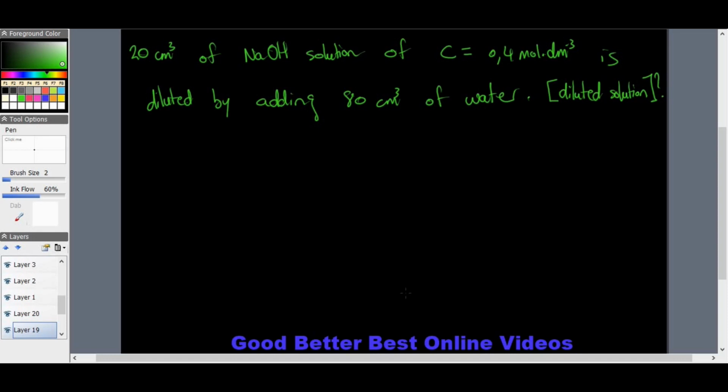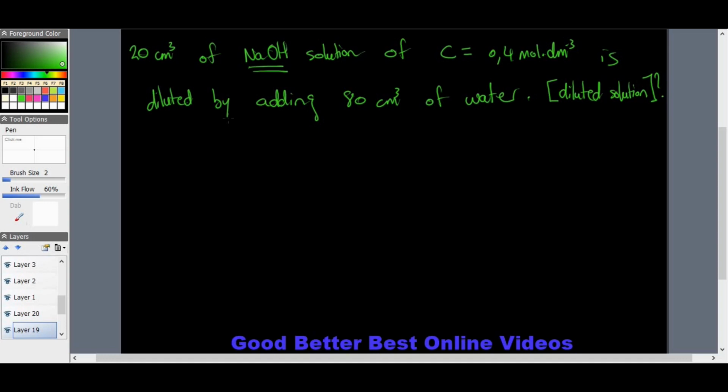First of all, when water is added, the number of moles of our sodium hydroxide remains the same. It's still the same amount of our base sodium hydroxide that will be present even though water is added.